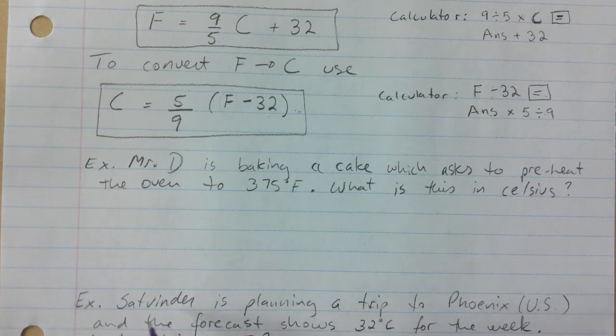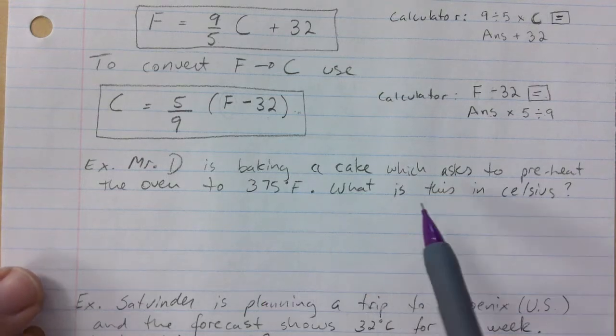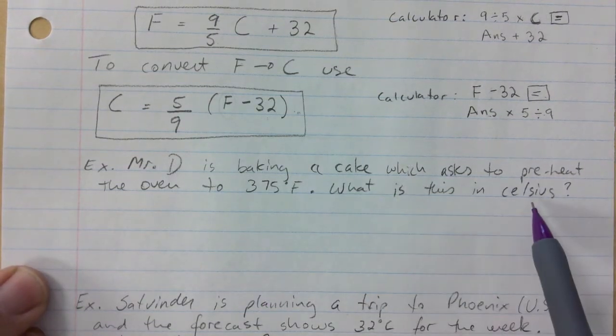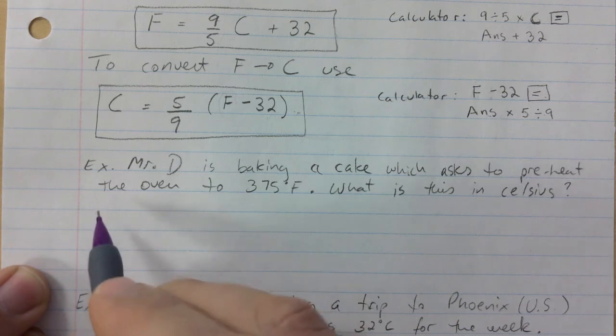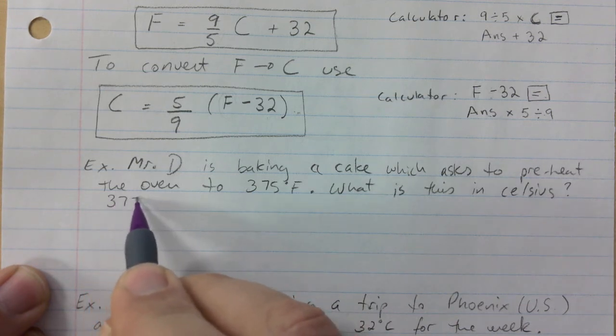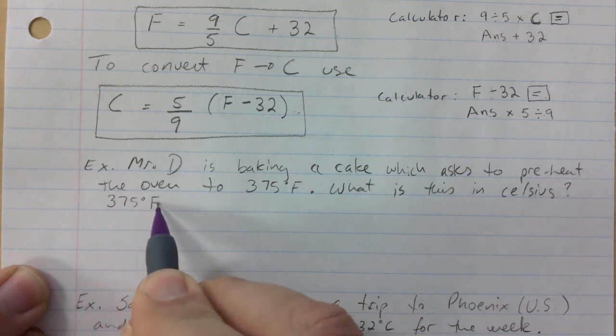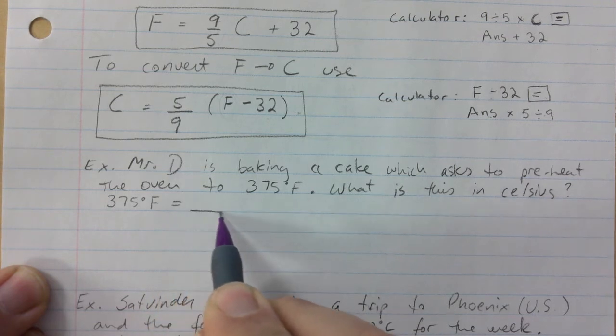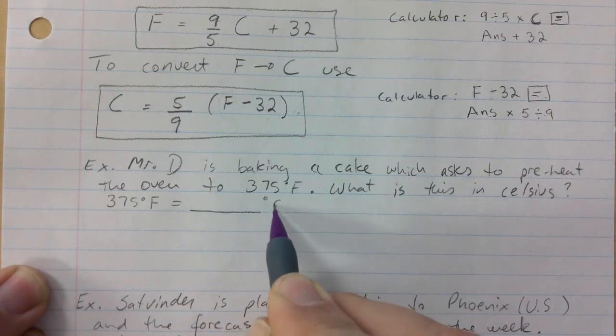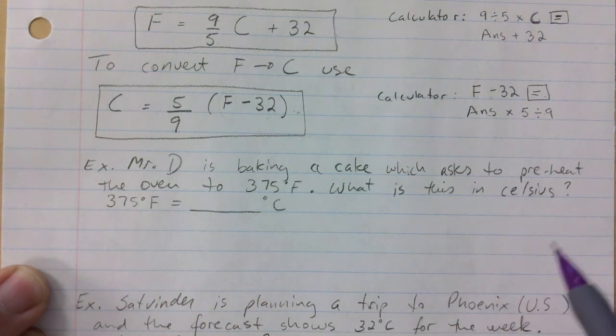So don't copy this second question down just yet. Leave yourself some space. Just the Mr. D is baking, right? That's all you're doing. What is this in Celsius? So basically what the question is asking is, hey, 375 degrees Fahrenheit, what would that be in degrees Celsius, right?